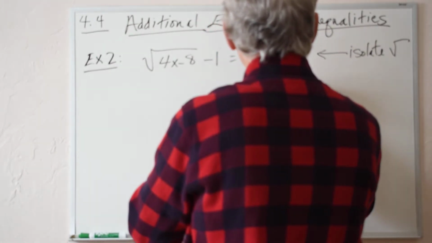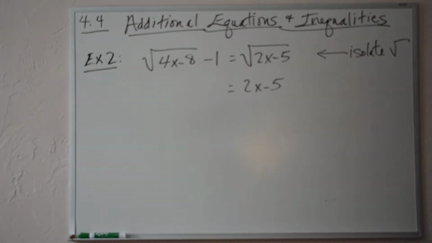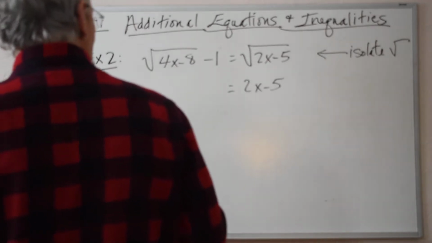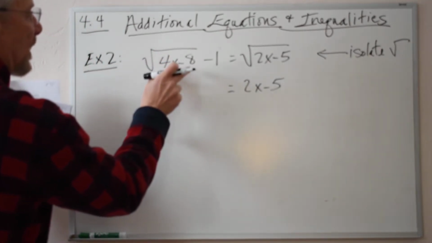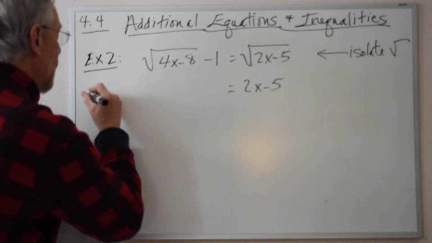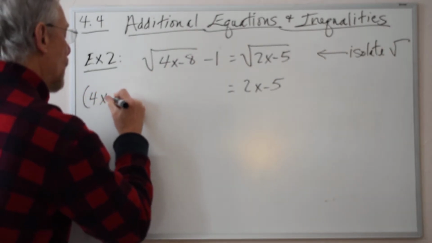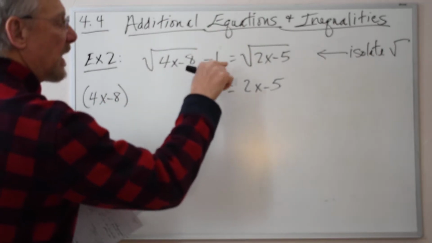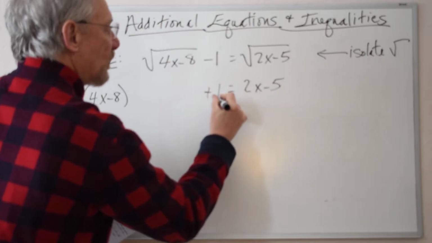I'll do the easy side first, right? Radical sign disappears, I like that. Over here on this side, what's going to happen? This is going to multiply with itself. So I'm going to get 4x minus 8. Then the minus 1 is going to hit the minus 1 because it's going to give me a plus 1 over here.